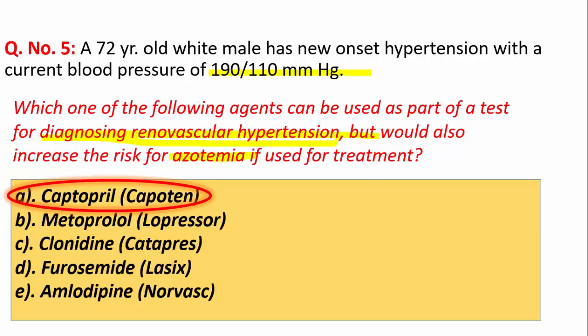The other agents are also useful for lowering blood pressure but may cause mild creatinine elevations. However, significant elevations of creatinine are seen with ACE inhibitors in significant renovascular disease.